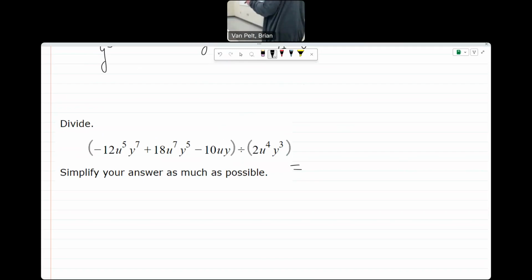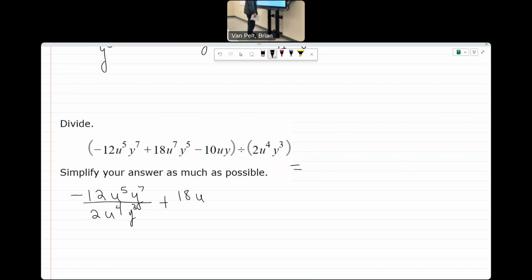And we got -5 on top, u to the third and y to the square. -5, u to the third, y to the square is at the top, and then at the bottom we got u squared and y to the third. We got u to the third and y to the square.